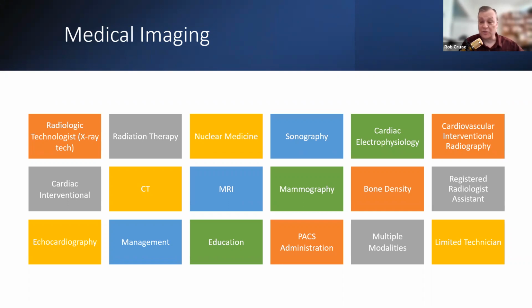Radiation therapy, nuclear medicine, sonography, cardiac electrophysiology, cardiovascular interventional radiology, cardiac interventional, CT, MRI, mammo, bone density. Registered radiologist assistant is one of the newest ones of the profession. Echocardiography, management, education, PACS administration, and mixing and matching what you want to do within the profession.